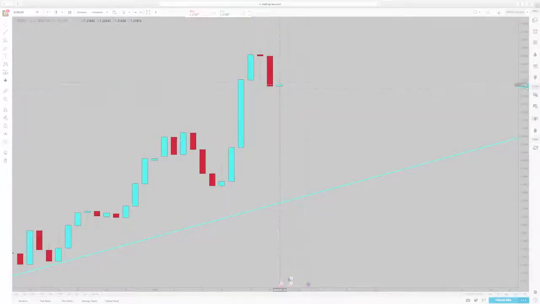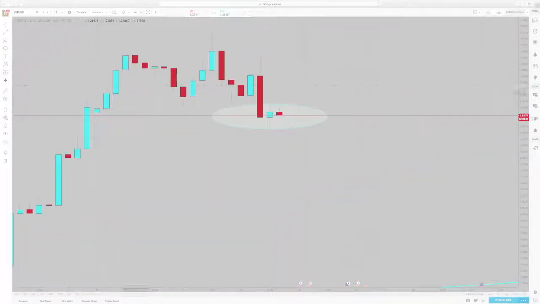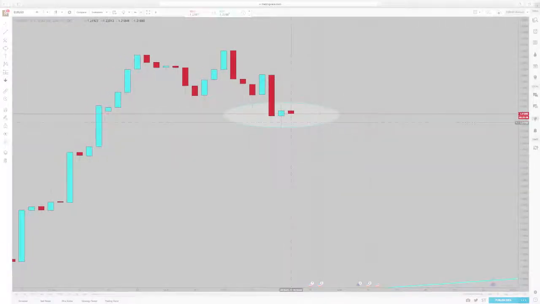This candlestick right here represents a whole day. And if I go into the 4-hour, as you can see, it's not done forming.